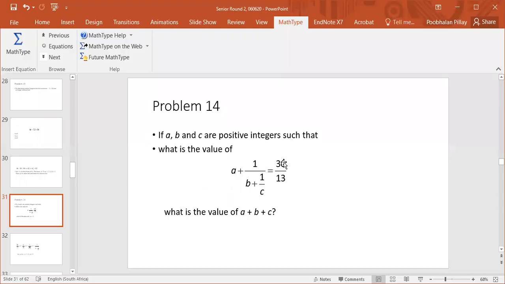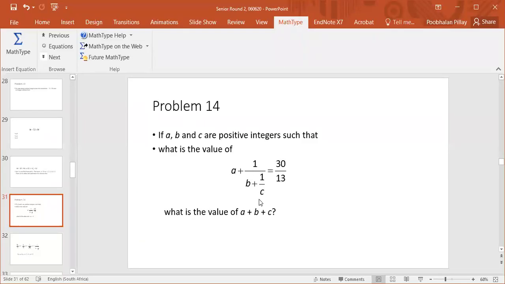You say, well, 30 over 13, 13 goes into 30 2 times, 2 and 4 over 26. So the remainder is 4. So it's 2 plus 4 over 13. So straight away you can say that this is 2 here, plus this part here will be 4 over 13.